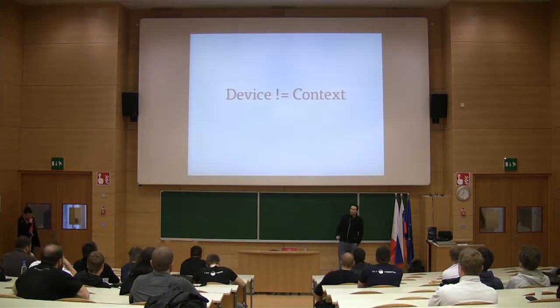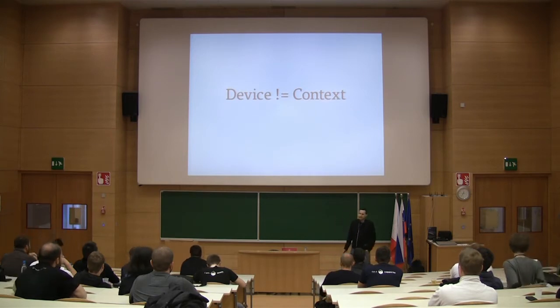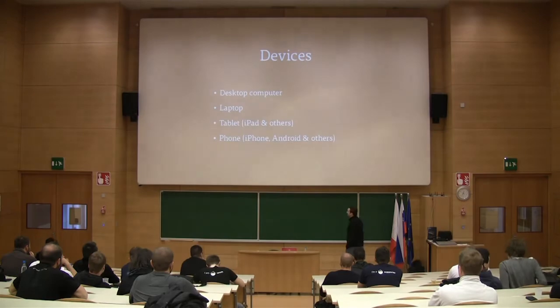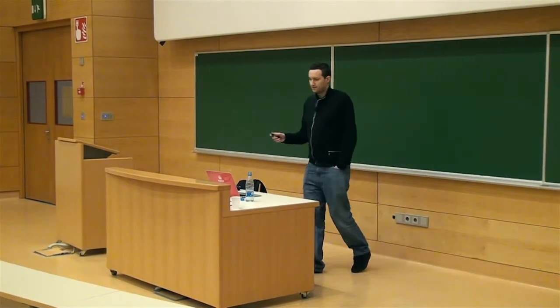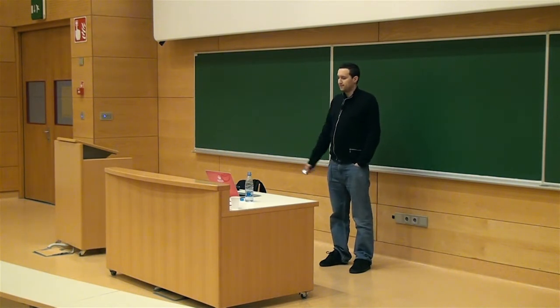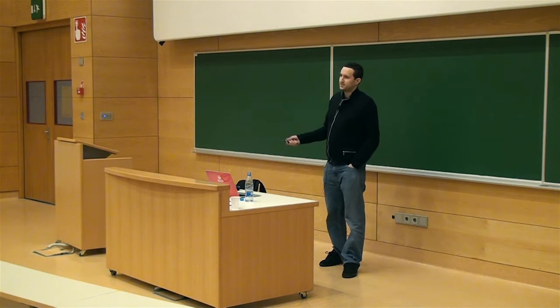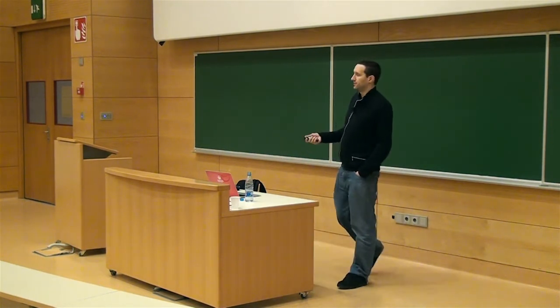One of the things that you need to think about when you're doing responsive web design is devices and contexts. Devices are not contexts. Devices are desktop computers, laptops, tablets, phones, other devices coming out, say the fridge, a microwave, or whatever.